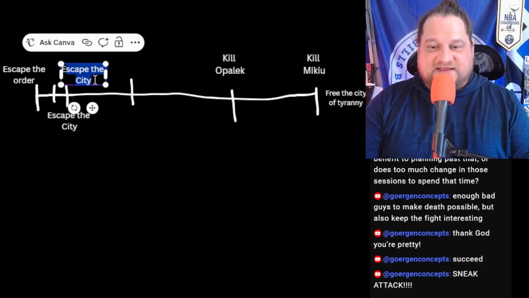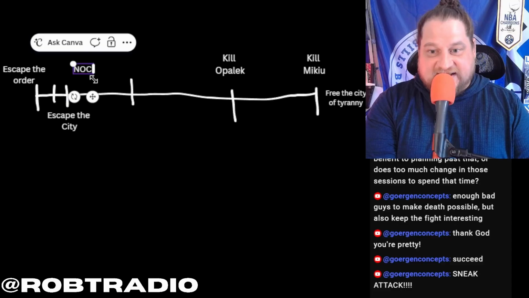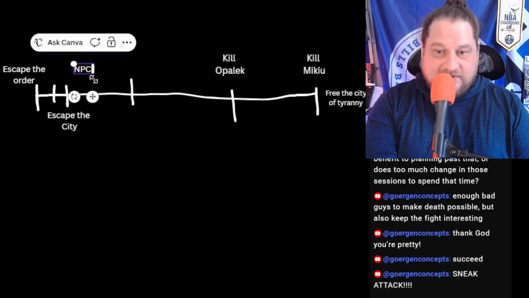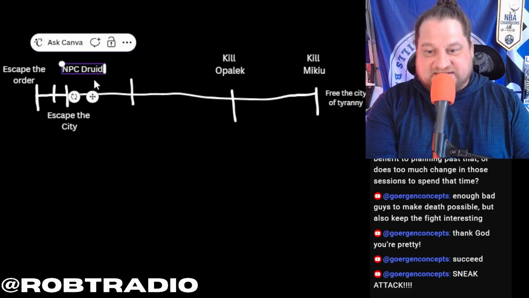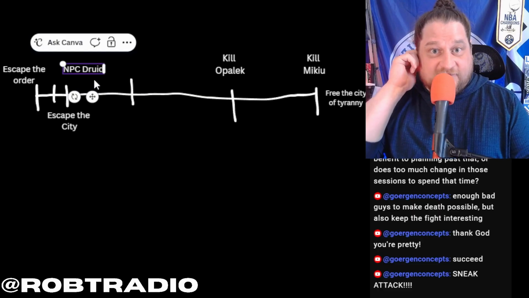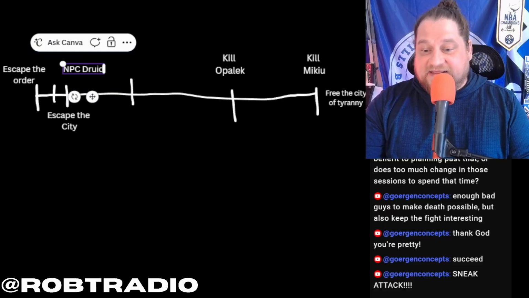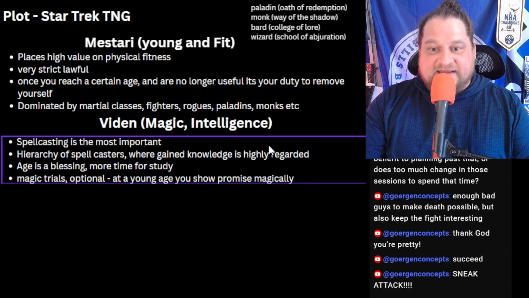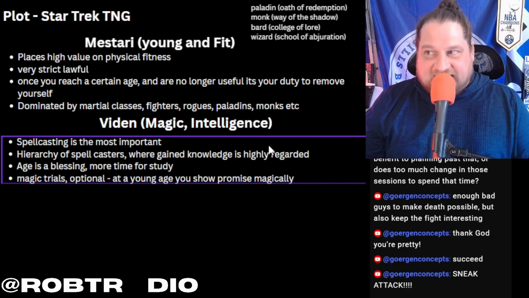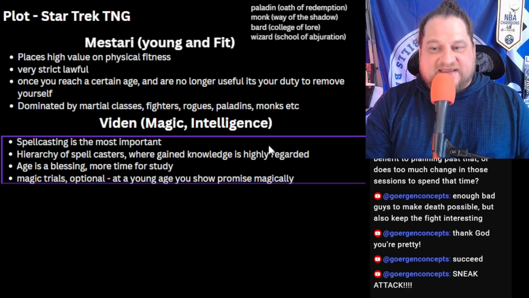And so after they escape the city, is this where I introduce an NPC druid that helps them and they run to the forest? Do I immediately send them back to Vidin, and maybe the wizard says, come back to where I live, and I'll help take care of you.